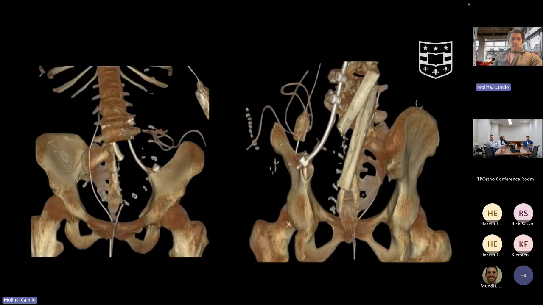And when I trained at Hopkins, conventionally we would do these Galveston techniques where we tried to bridge all the weight from the anterior column using pedicle screws and rods to the posterior column. And it wasn't really a great way to do that. And we would often find that if people did well from an oncological perspective, they would inevitably at some point fracture these constructs.